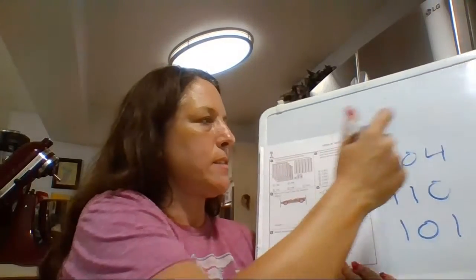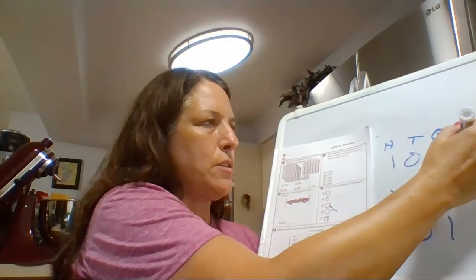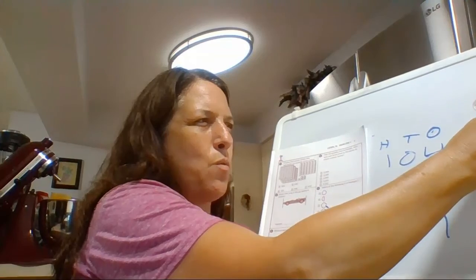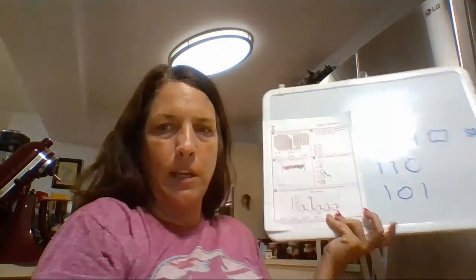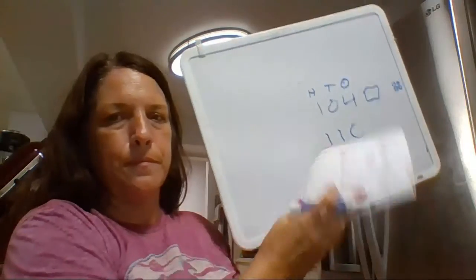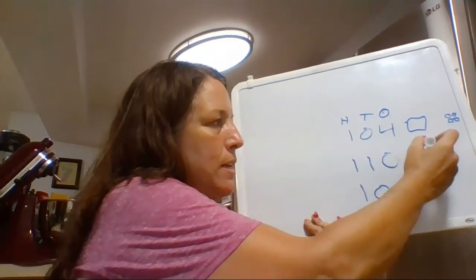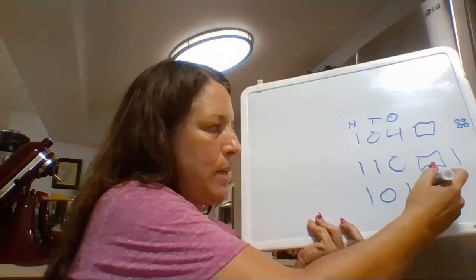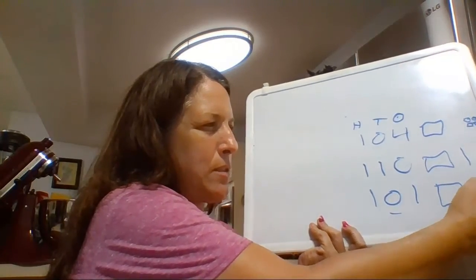Okay, let's think about this. Hundreds, tens, ones. All right, so this would be 100 block, no tens blocks, and 4 little ones blocks. A 110 would be 100 block, a 10 block, and no ones blocks. And 101 would be 100 block, no tens blocks, and 1 little ones block.